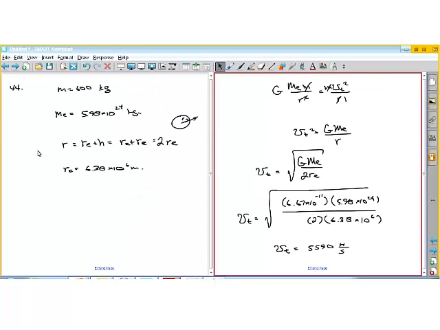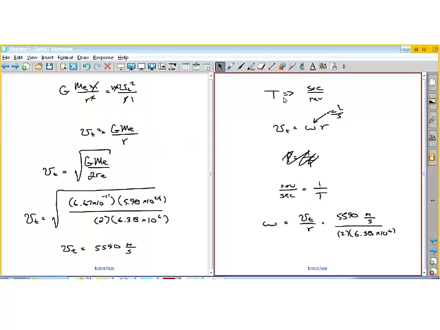So again, what we did was we said the radius from the center of the Earth to the satellite was twice the radius of the Earth. We derived this relationship for objects in orbit. I solved for v sub t, and I plugged the numbers in: G, the mass of the Earth, the radius, and I got 5590 meters per second.